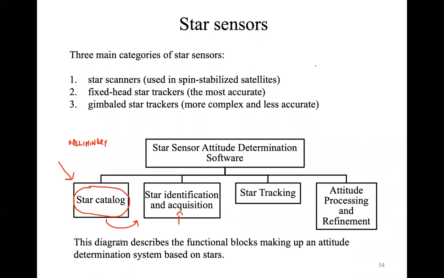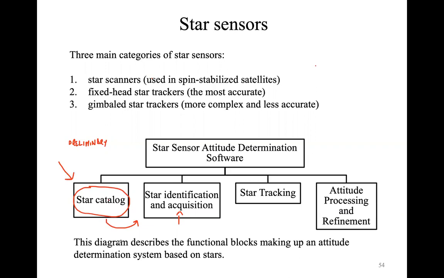So you have to be sure that what is seen by your instrument and what you have from the map loaded from the star catalog are exactly the same. So the first process is the star identification and acquisition.